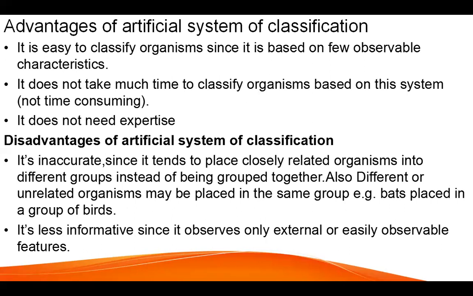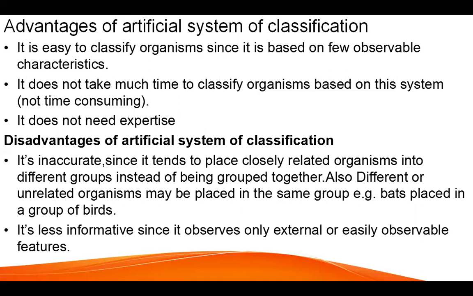The third is that it doesn't need expertise, simply because you can see. Whatever features you can see, you classify the organisms together accordingly. This is what we call the artificial system of classification.